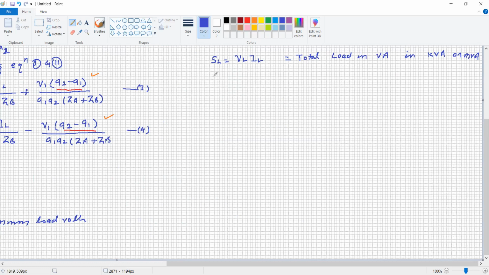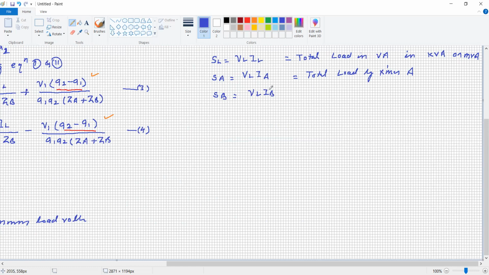Similarly, the kVA rating of transformer A, the load supplied by it, is VL IA, the total load supplied by transformer A. Similarly, SB is equal to VL into IB. Is it correct?